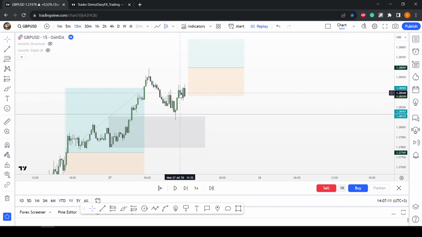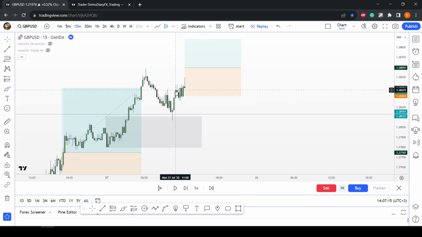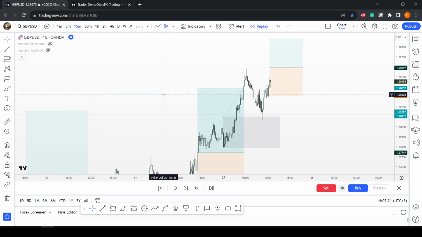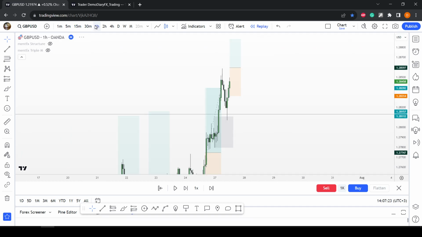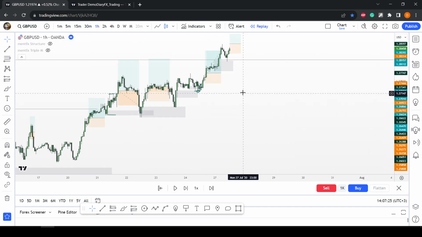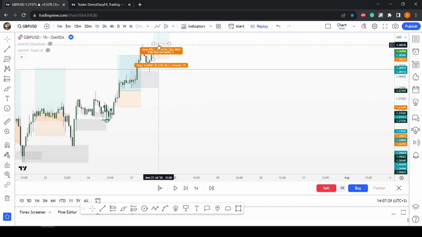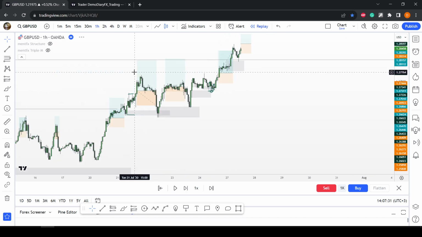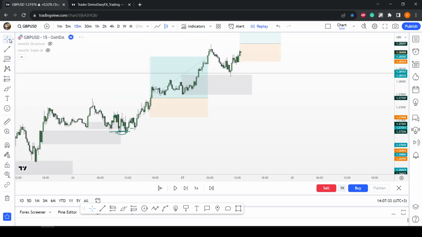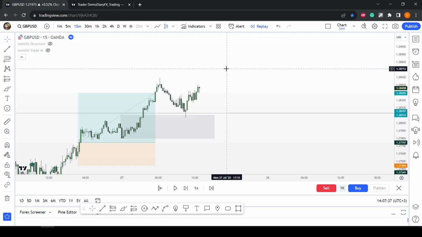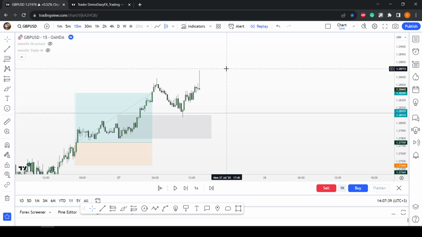We have this small impulse, which does not break anything, so let's just wait. It's too perfect to be true: impulse, correction, impulse. It's just too beautiful for me.